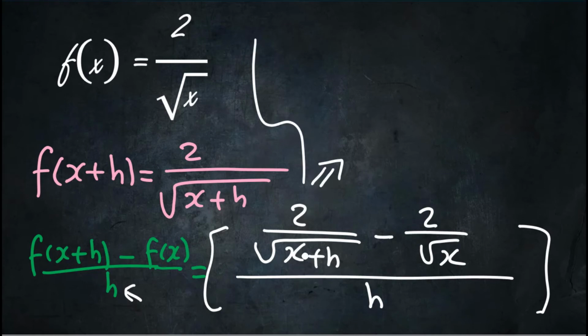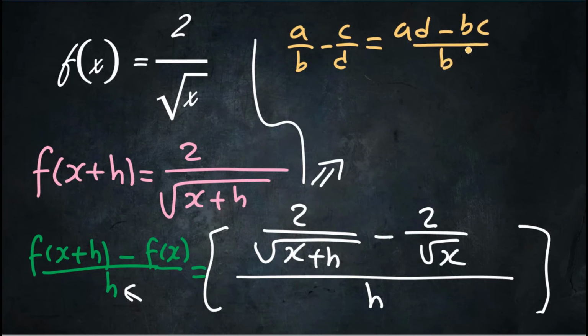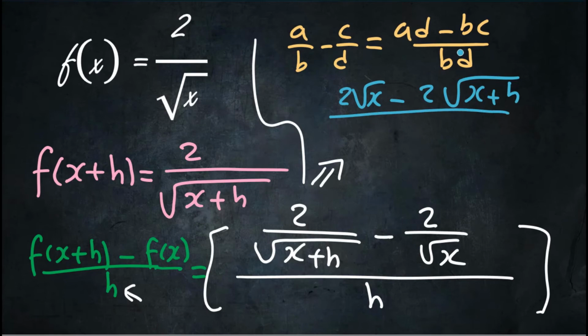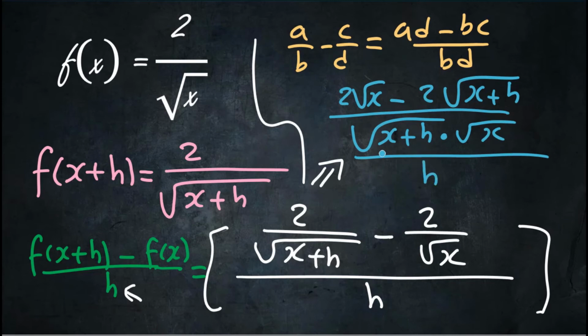We have a over b minus c over d, and we know this is AD minus BC over BD. 2 times square root of x minus 2 times square root of x plus h over BD, square root of x plus h times square root of x, so this whole thing over h.